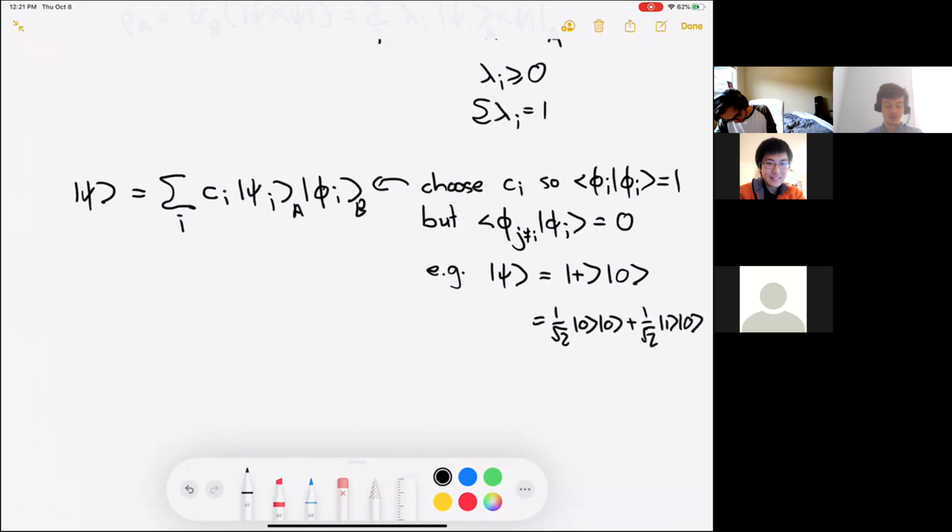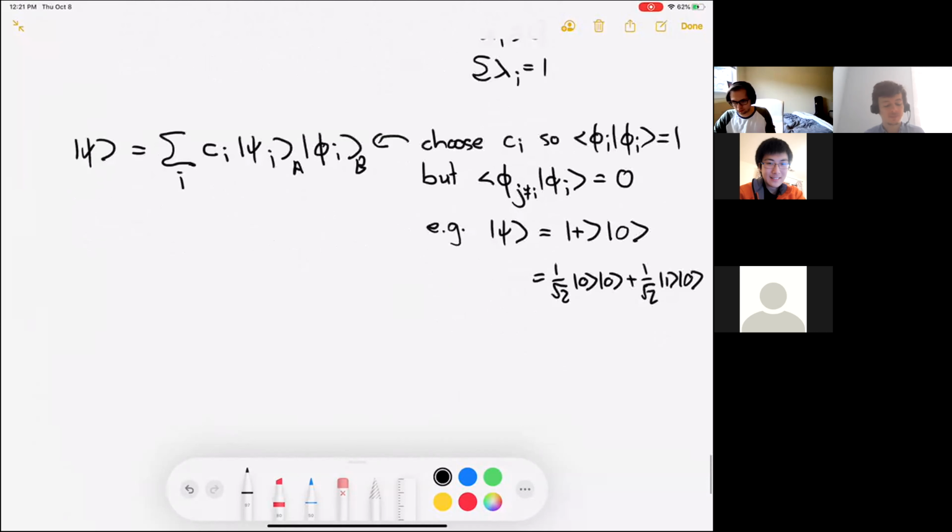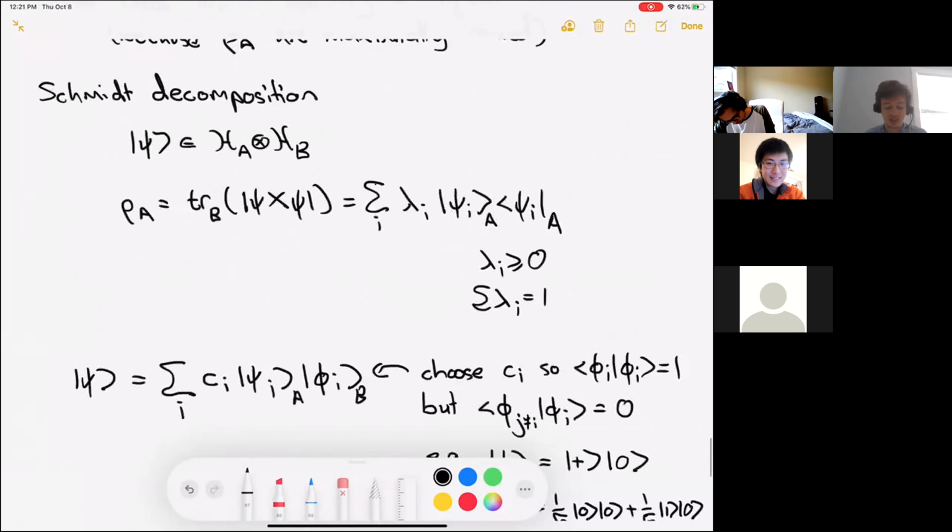So in this case, the states phi_i for B would both be equal to |0>. And the c_i would be 1 over square root 2. Okay. So that's all just using the fact that the psi_i form an orthonormal basis for A.